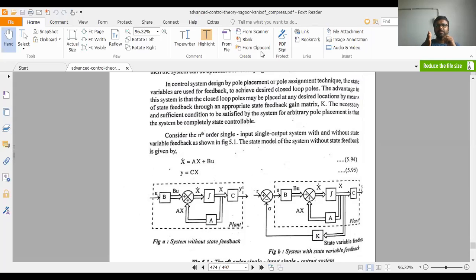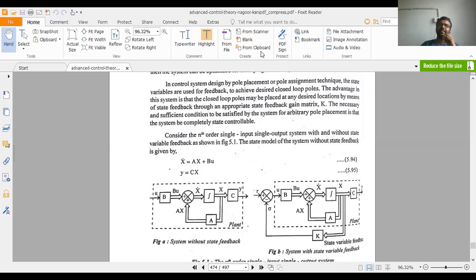The necessary and sufficient condition to determine the state feedback gain matrix K is that the particular system should be completely controllable. That means in order to estimate the state feedback gain matrix, initially the system should satisfy the conditions of controllability.